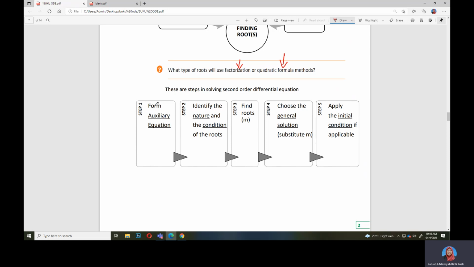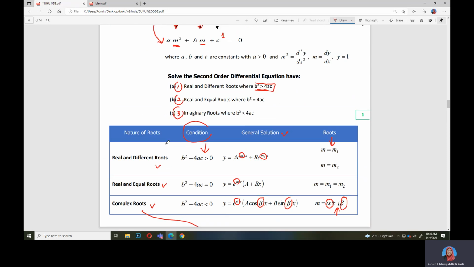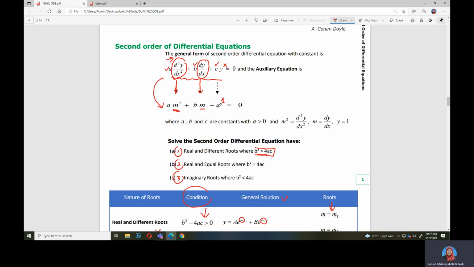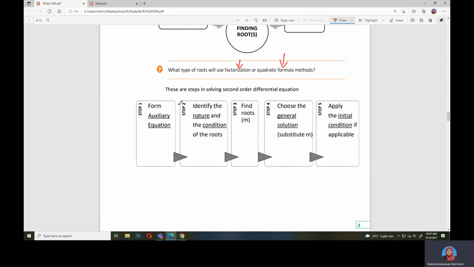These are the steps in solving a second order differential equation. The first one, form the auxiliary equation. Like I mentioned before, from the general form, you have to convert into the auxiliary equation: m squared is the second order, m is the first order, y equals 1. So this is the first step. Step 2, identify the nature and the condition of the root.